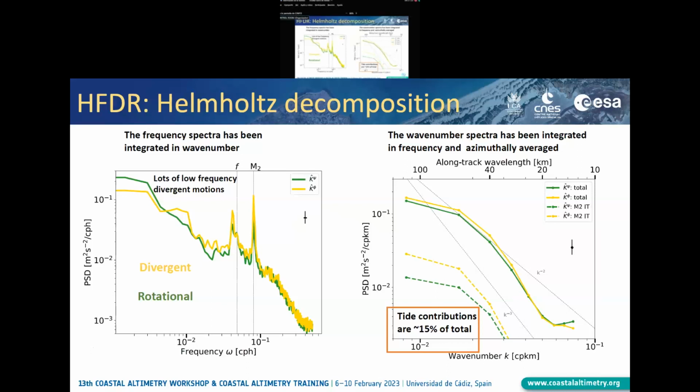And one thing, if we collapse that three-dimensional into just frequency here, this is now basically the frequency content of those smaller scales, sub 100 kilometer, within those boxes. And you see that actually, even at low frequencies, lower than the inertial frequency, you still have quite a lot of divergent motion.